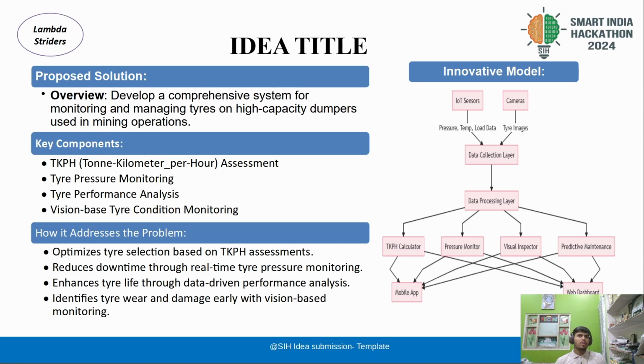They can stretch up to a height of 6 feet, and these tires can cost up to 25 lakh each. When you hear that they are so expensive, you do realize that there is a need for managing these tires better and making sure that their lifespan gets better. And that's what our system is going to be doing.